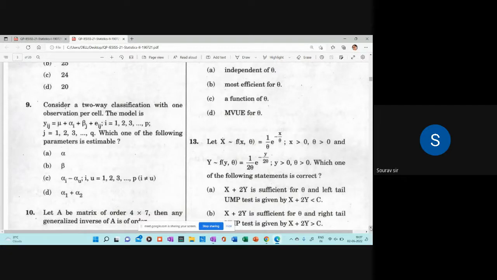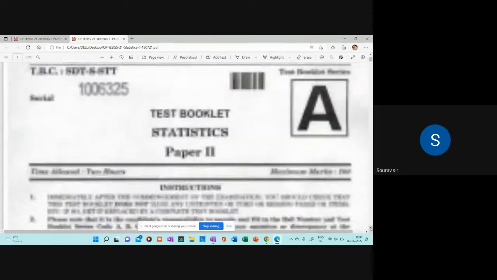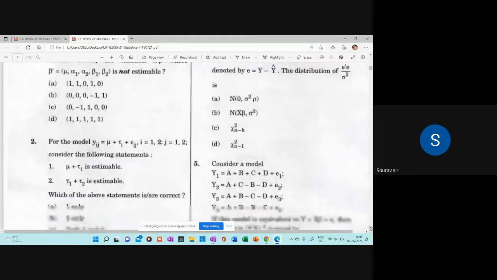Please read out the question. I'm giving you 1 minute. If you already have the question, please refer to it. This is paper 2, booklet A, question number 9.